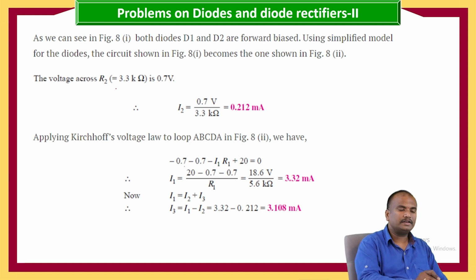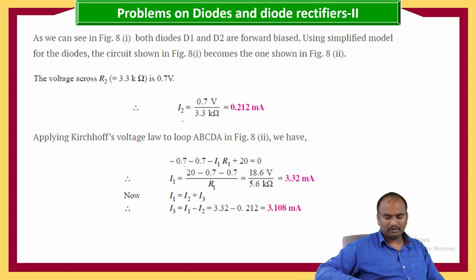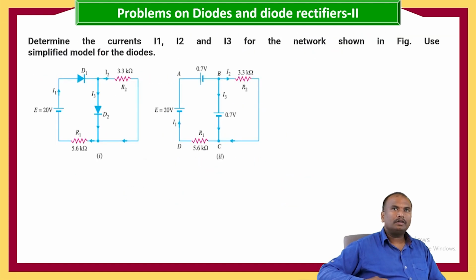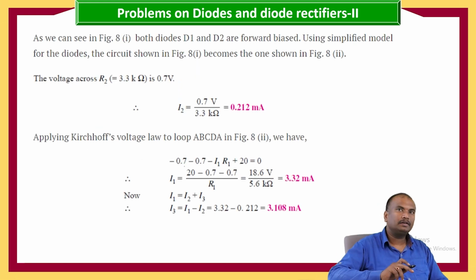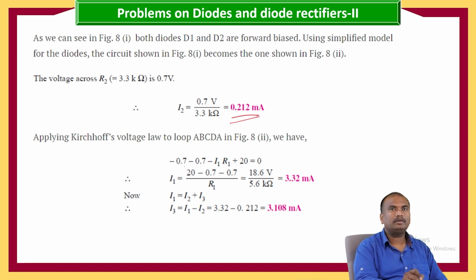Here the voltage across R2 is only 0.7. So I2 is equal to V2 by R2, that is 0.7 by 3.3 kilo ohms, that is 0.212.